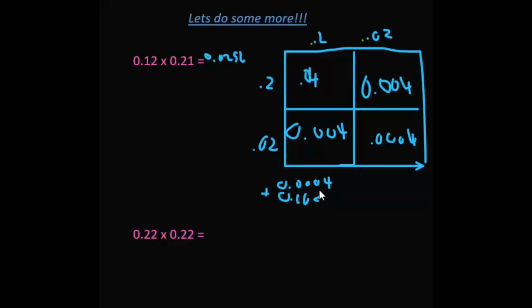So let's make it 0.08. Okay, so now let's add. So this equals 4, 8 plus 0 equals 8, 0 plus 0 equals 0, 0 plus 0 equals 0, dot 0. Okay, so it equals 0.0084. Okay, so now that we got that answer, let's do the next one.